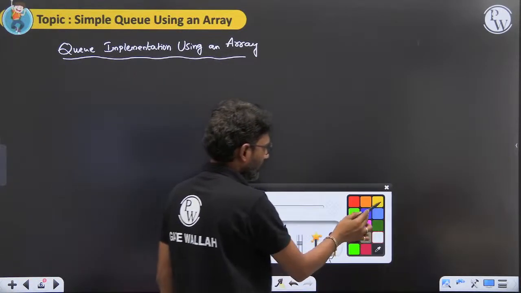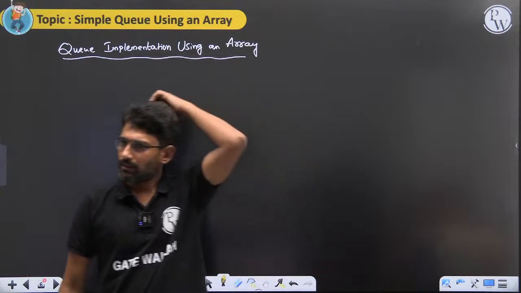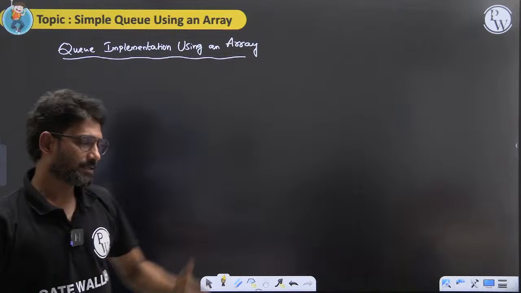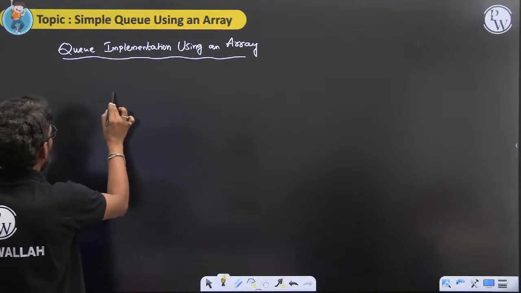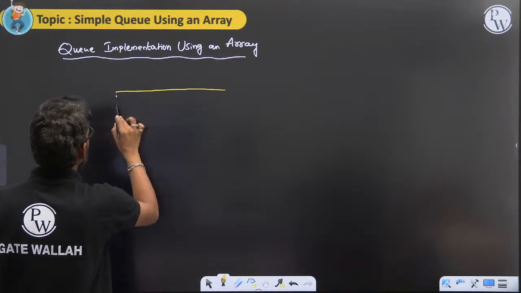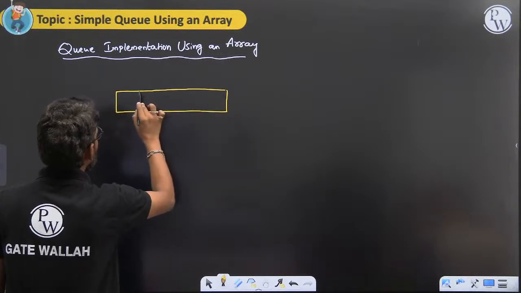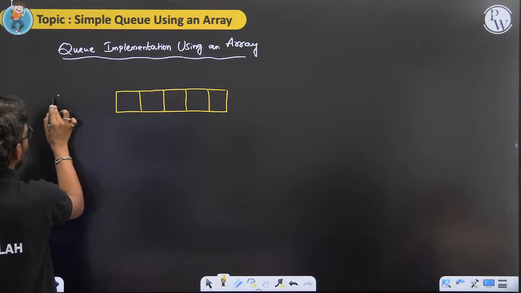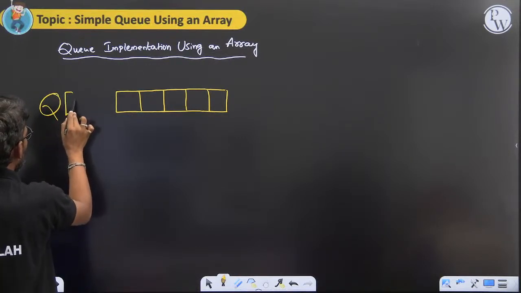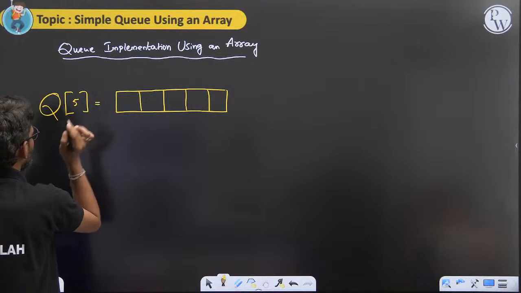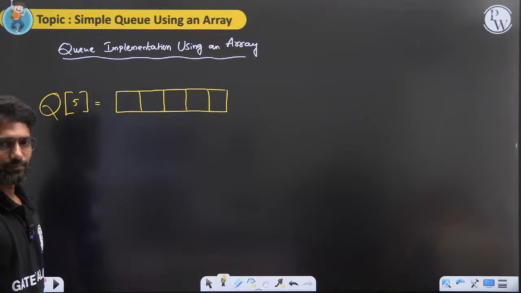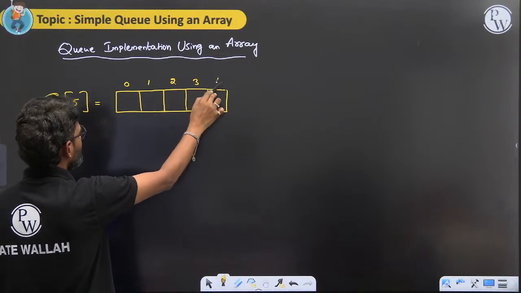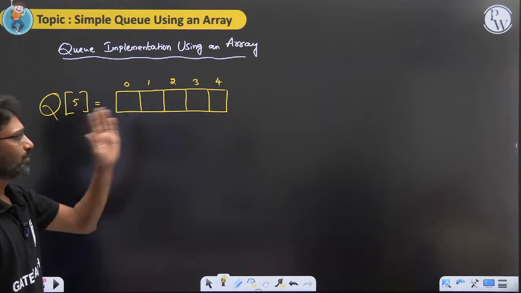Let us say I am taking an array of size 5. Let Q be an array of size 5. We know the default indexing will be from 0, so 0 to 4 will be the indices.